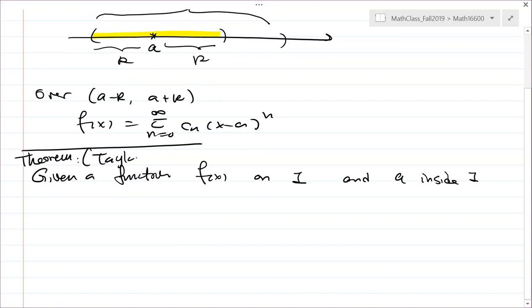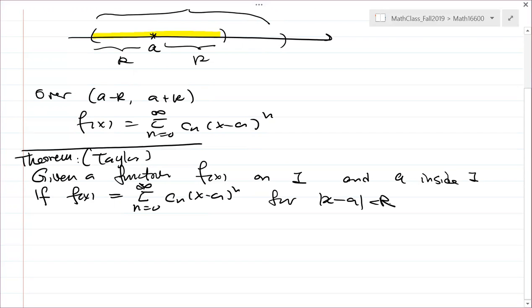Taylor says that if the function can be expressed as a power series for absolute value of x minus a less than some r, then the coefficients Cn are unique. They can be uniquely determined. It can be computed using these formulas.